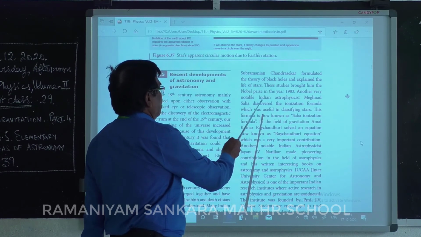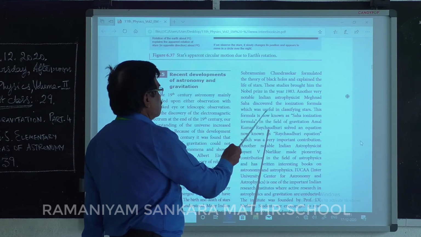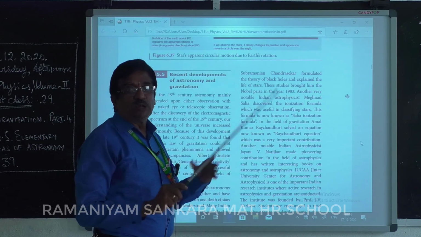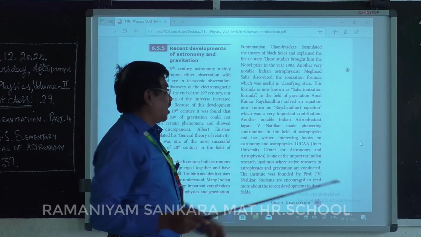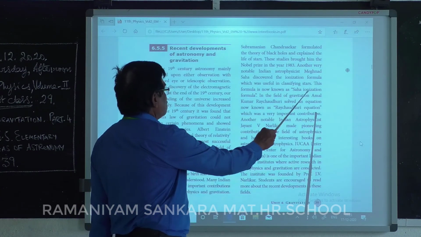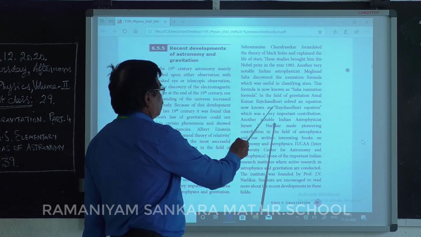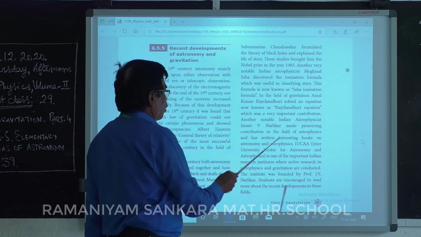Another very notable Indian astrophysicist, Meghnad Saha, discovered the ionization formula which was useful in classifying the stars. How double stars, multiple stars, classifying. Okay, single stars. Our sun is a single star. Okay, the Saha ionization formula. In the field of gravitation, Amal Kumar Raychaudhuri solved an equation known as the Raychaudhuri equation, which was a very important contribution.